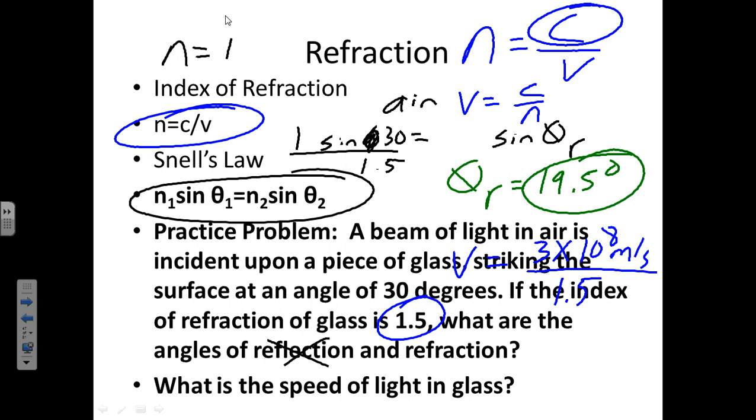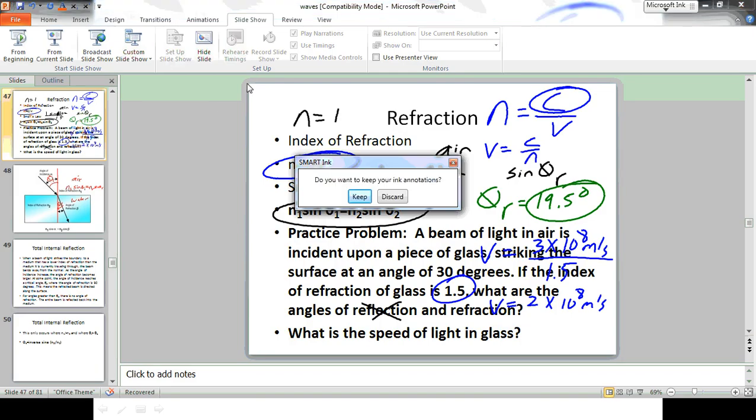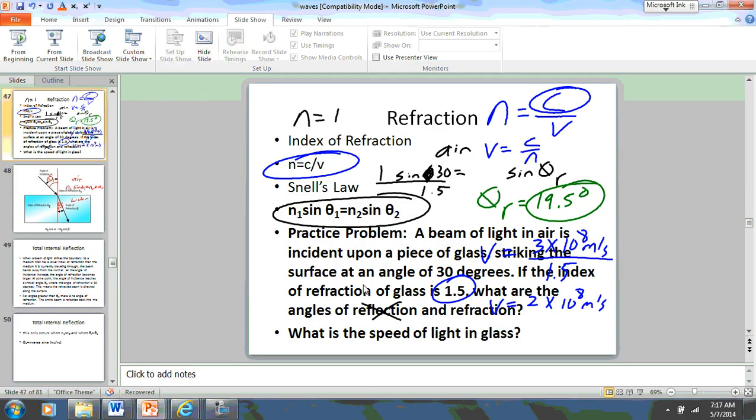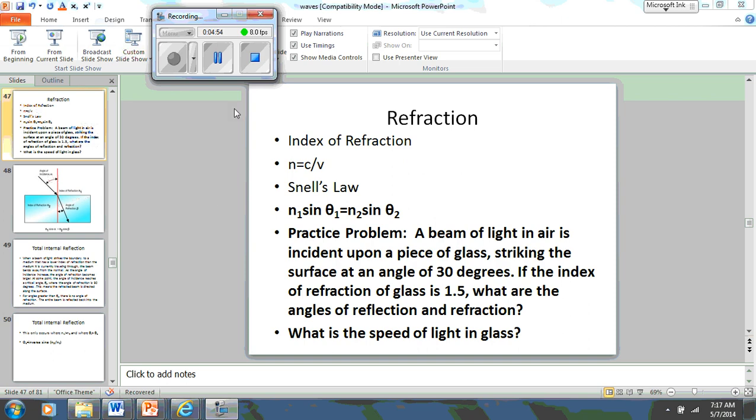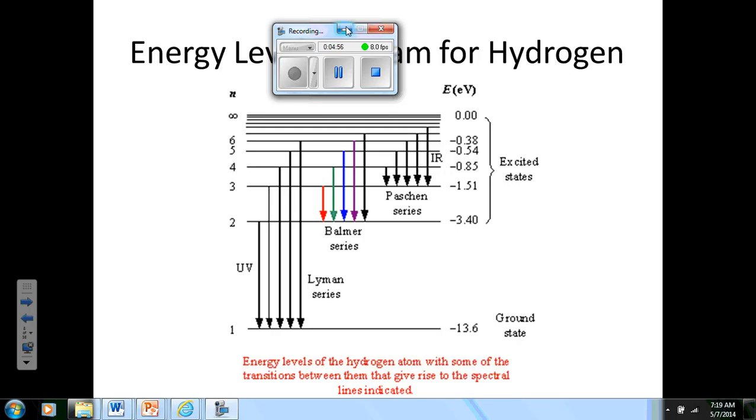When we do the math on that, we get a speed in glass of 2 times 10 to the 8th meters per second. So the light slows down quite a bit when it moves from air into glass, and that's why it refracts. All right, that's problem number 1. We will move on in a second and do problem 2.